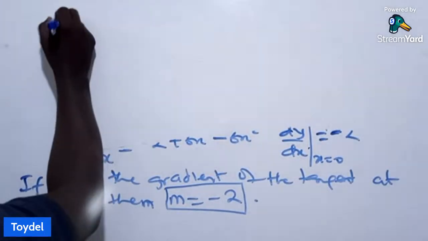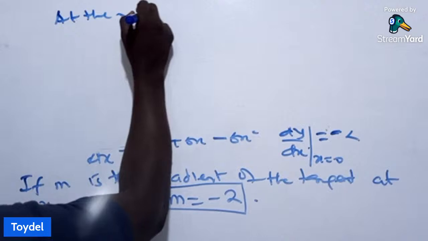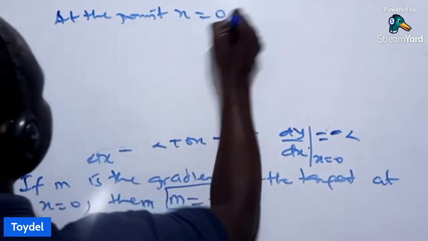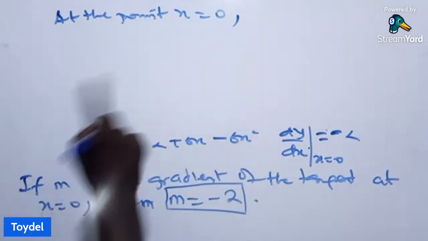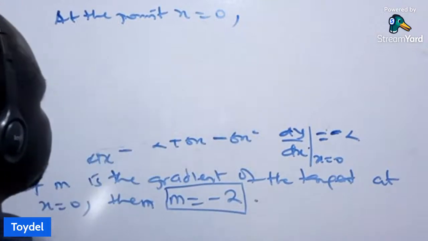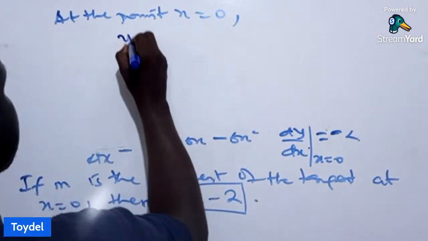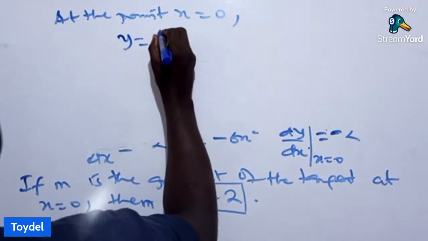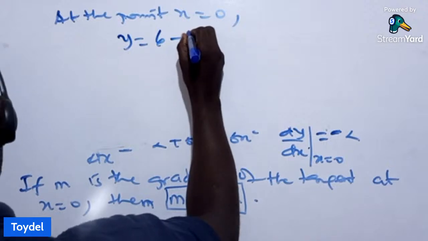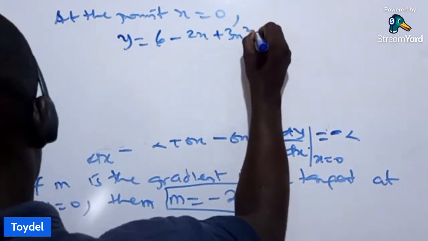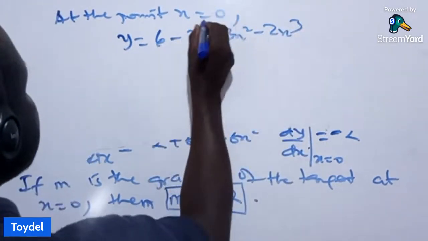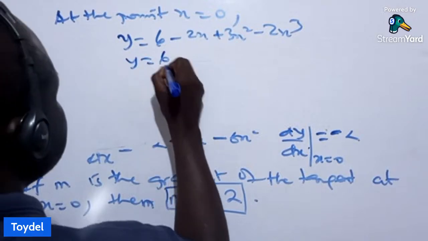So at the point s equal to 0, let's find the coordinate. At point s equal to 0, y will be what? y will be 6 minus 2x plus 3x squared minus 2x cubed. So at point s equal to 0, y is going to give us 6.